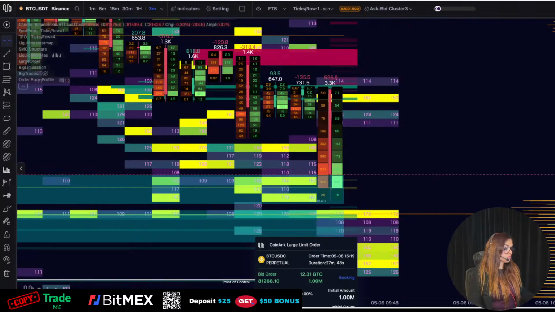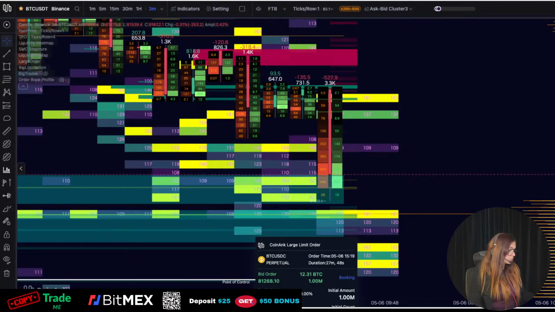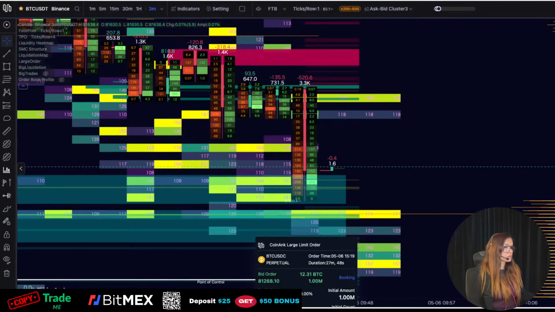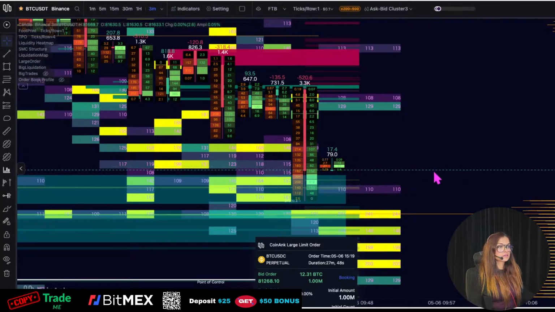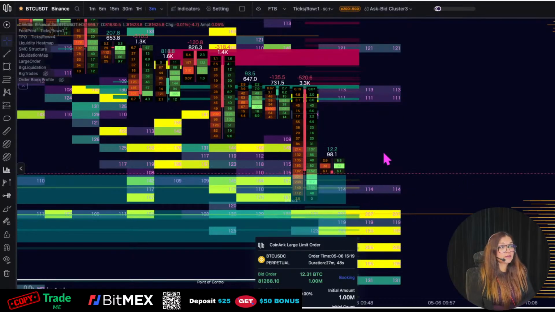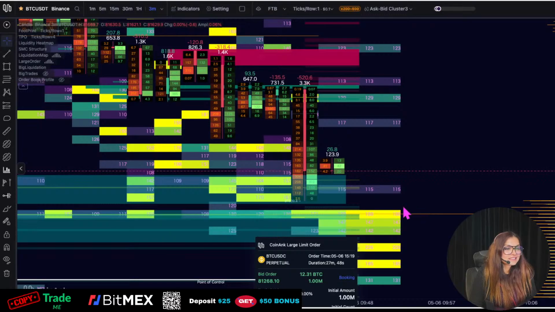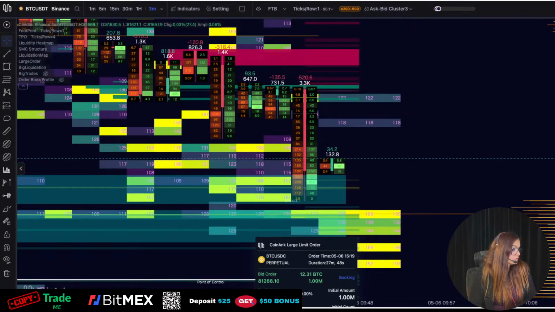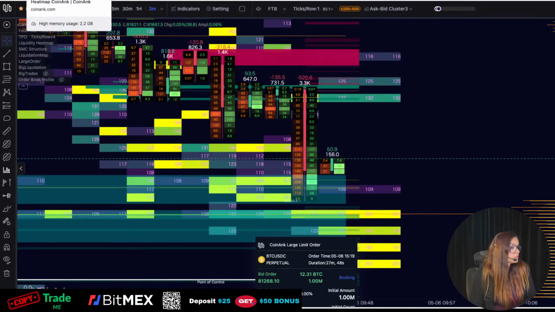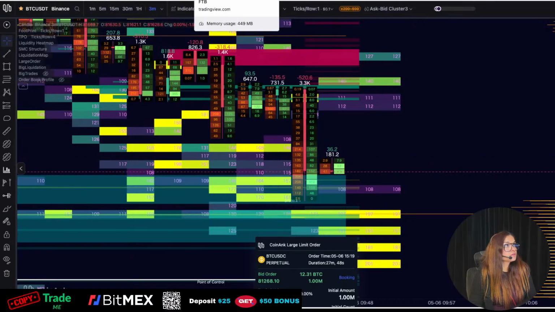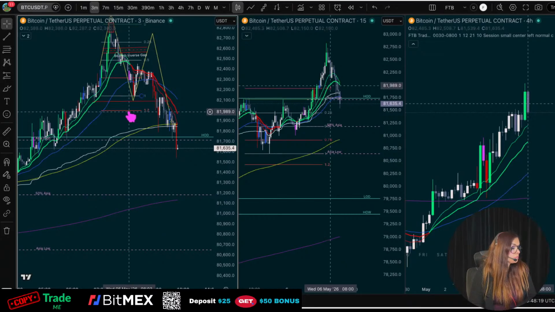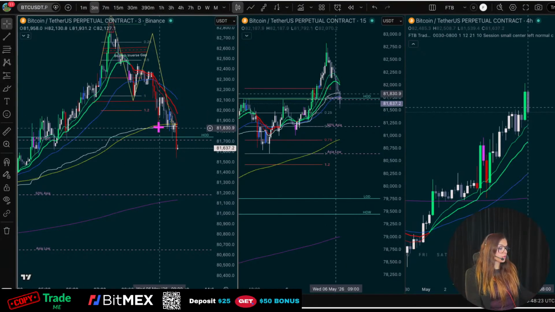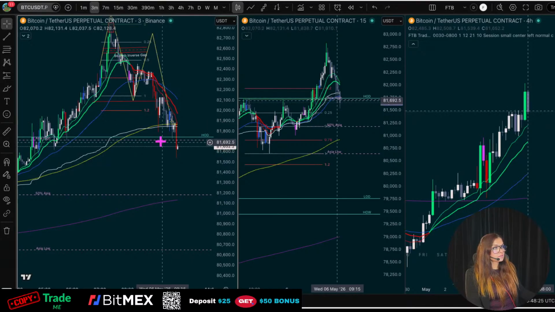Let me just show you what it is. So this is where you see the fight. My candle that I use is the price volume PVSRA, price volume support and resistance.